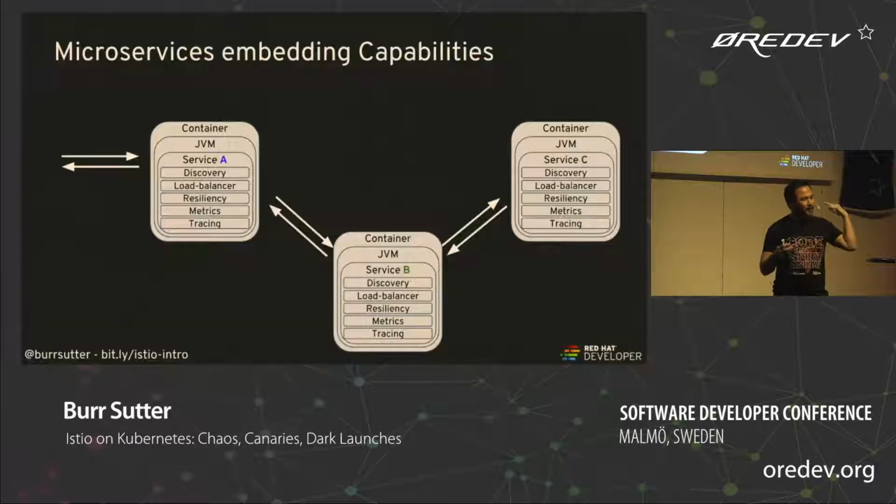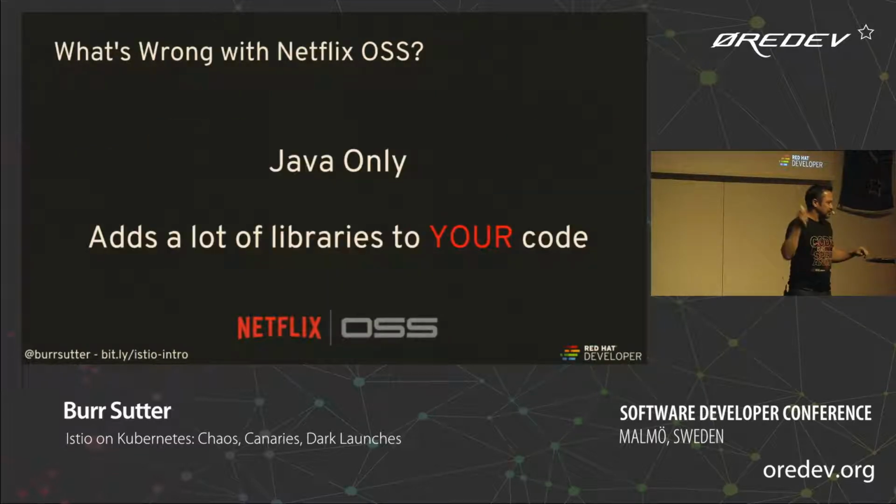The bad news is you now have all this stuff living inside your application. And that might not be what you want, okay? Also, the other bad news is it was Java only. It was a Java only ecosystem, and it only worked for JVM-based applications. If you're a Node person, a Python person, if you're a PHP or Go person, you just couldn't play along. Now, the Netflix team is working on Node.js libraries for some of this stuff too.